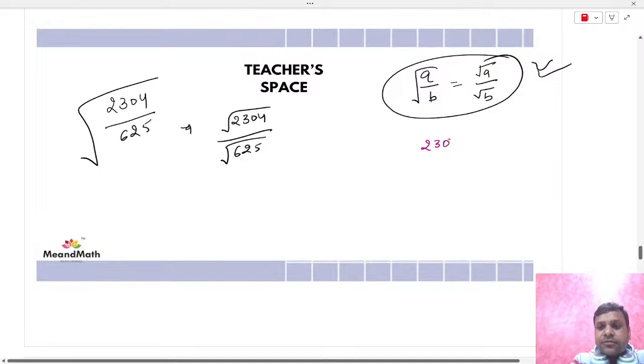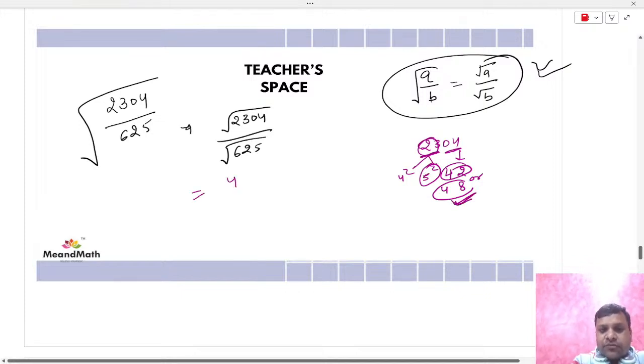Now for 2304 you can use the approximation method. The unit digit is 4, so the unit digit of the root can be either 2 or 8. 23 comes between 4 square and 5 square, so the answer is either 42 or 48. Now check which 23 is nearer to: 5 square, yes, so the answer is 48.